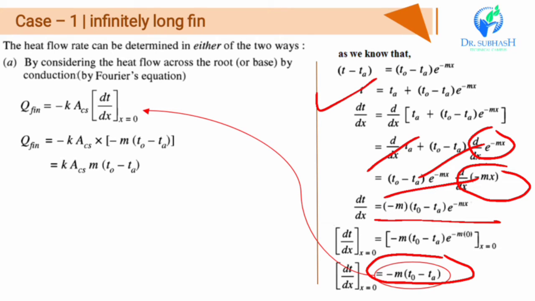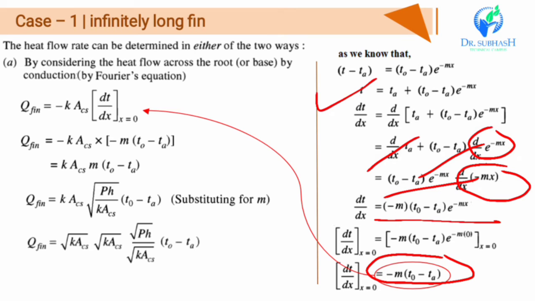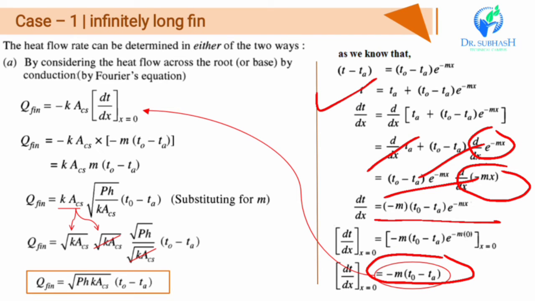Minus minus is plus, so Q fin is equal to KA m (T0 minus Ta). Substituting the value of m, that is the square root of hP divided by KA, and simplifying, we get Q fin equal to the square root of hPKA into (T0 minus Ta).